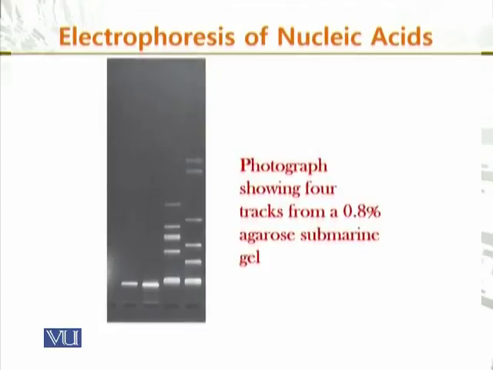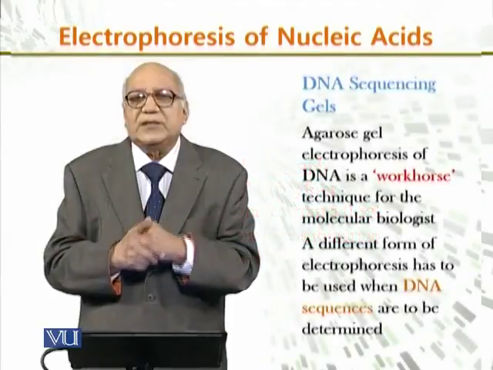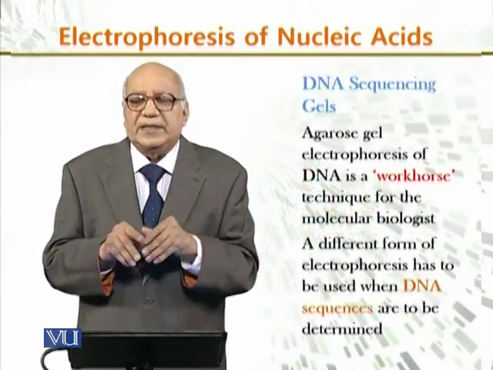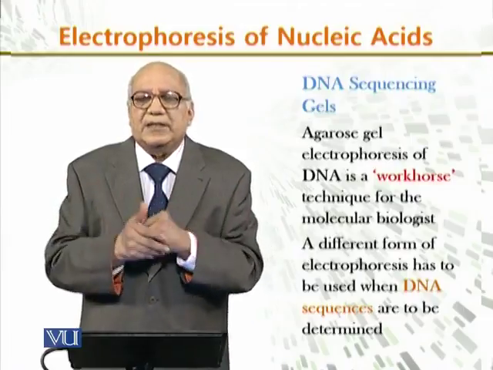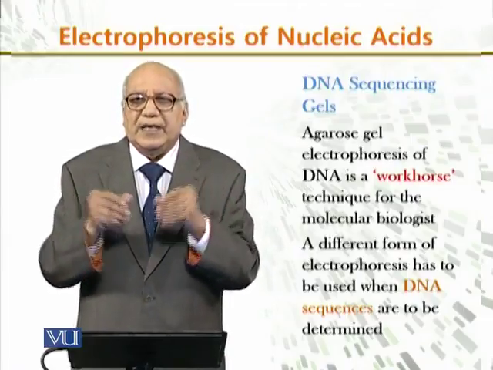Just as in the photograph, this shows 4 tracks of the gel, and in this case, it is a 0.8% agarose submarine gel, where the DNA molecules are being separated according to the size of their particles.